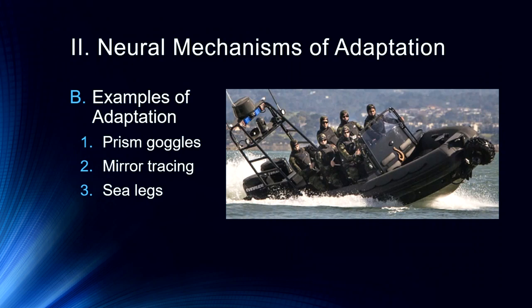And then finally, sea legs. Any of you who might have spent any time out on the water, particularly on a smaller boat out in the ocean, or if the ocean's a little bit rough, your motor system adapts relatively quickly. That is, you can keep yourself upright, you can stay pretty steady.